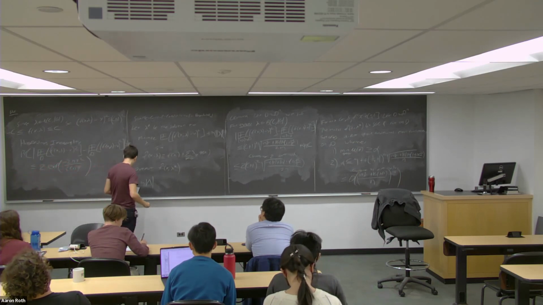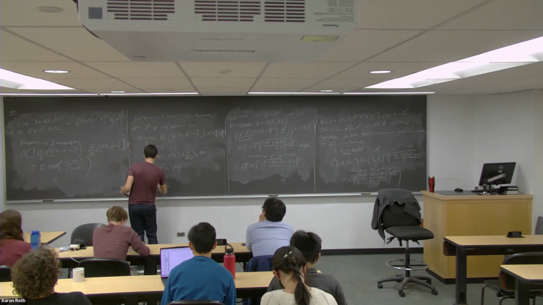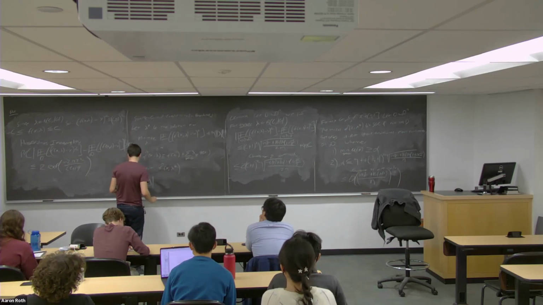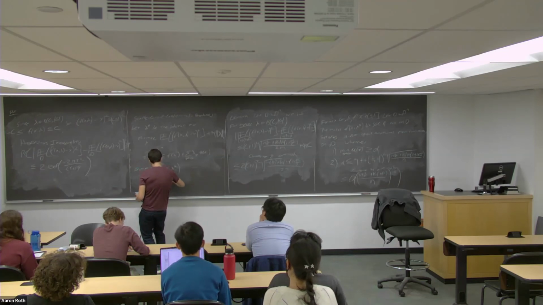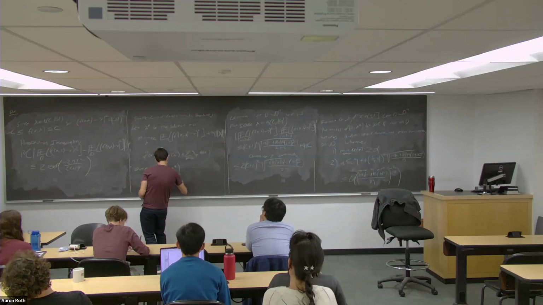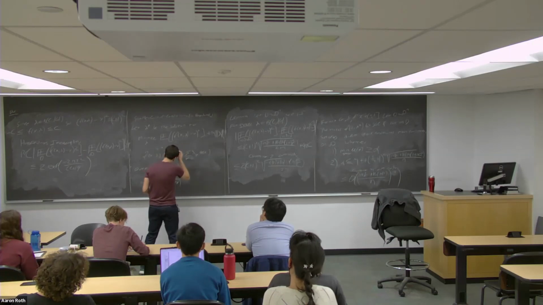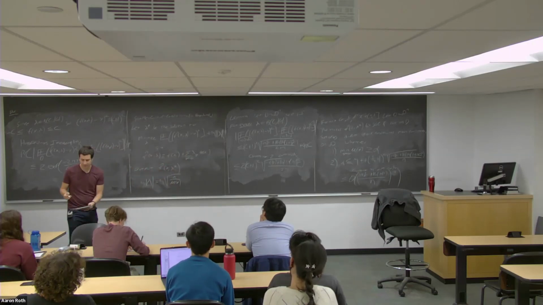And delta is the square root of alpha over the size of the group, if you remember.